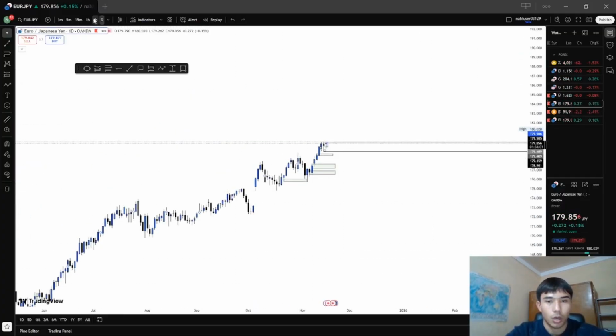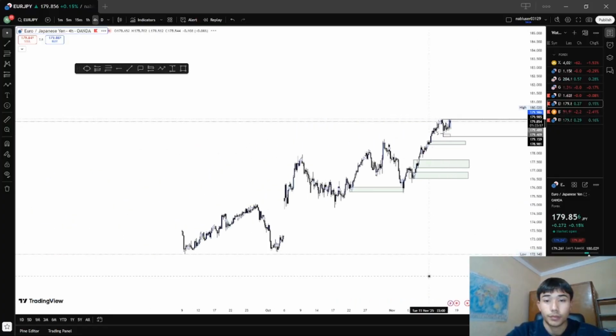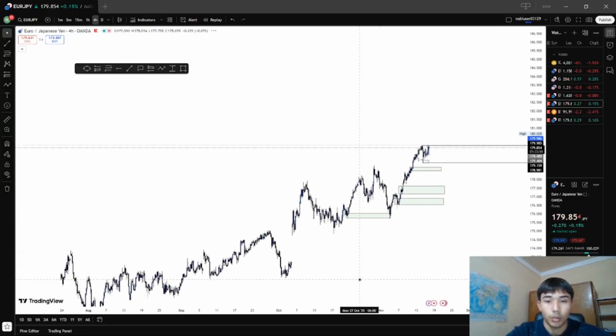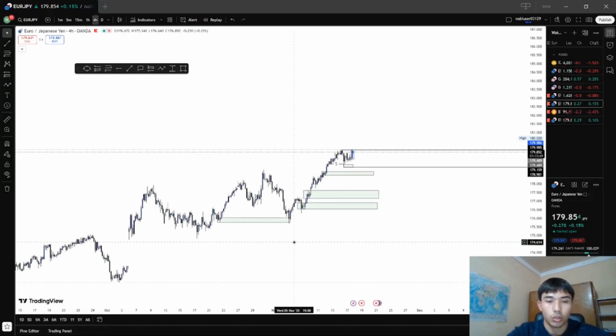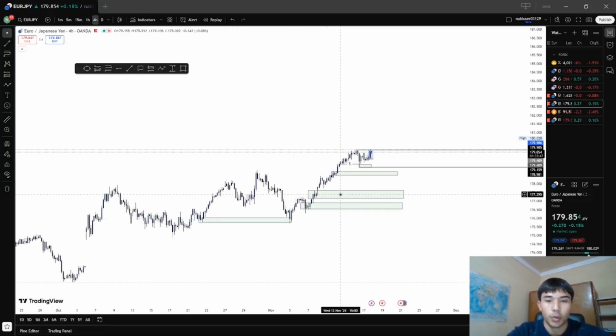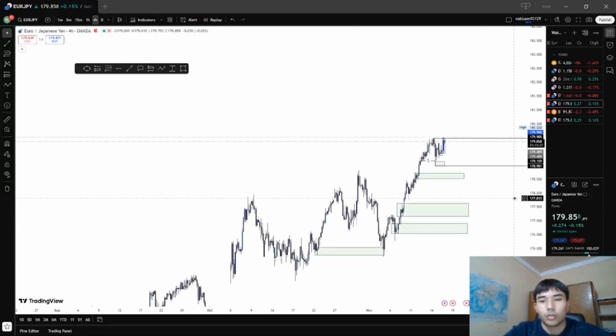So on our four-hour time frame, what do we have? We have our bullish structure. So we'll mark out our demand zones because we are in a bullish structure.